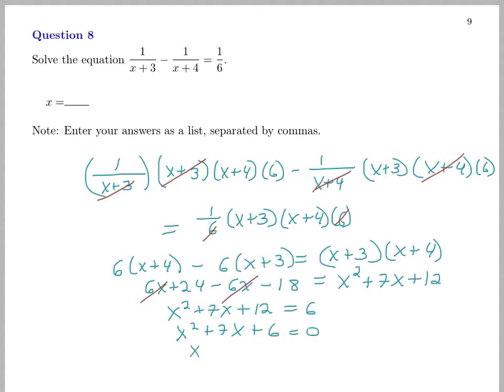And this factors, so this is x plus 1 times x plus 6 equals 0, which means that either x plus 1 is 0 or x plus 6 is 0, and that means either x is minus 1 or x is minus 6.